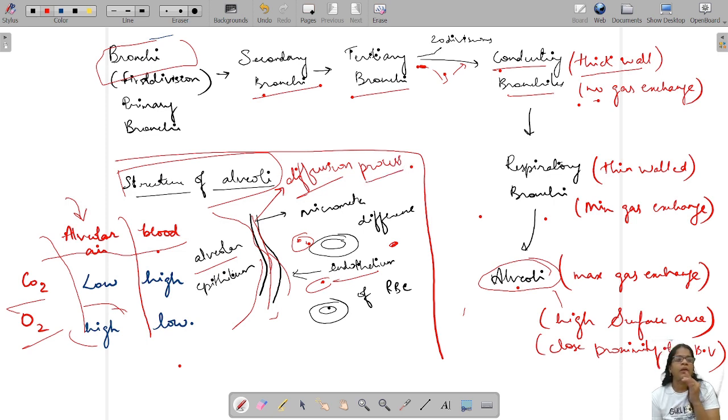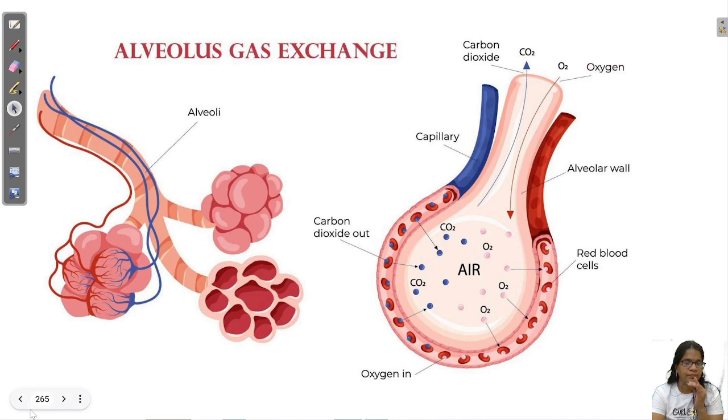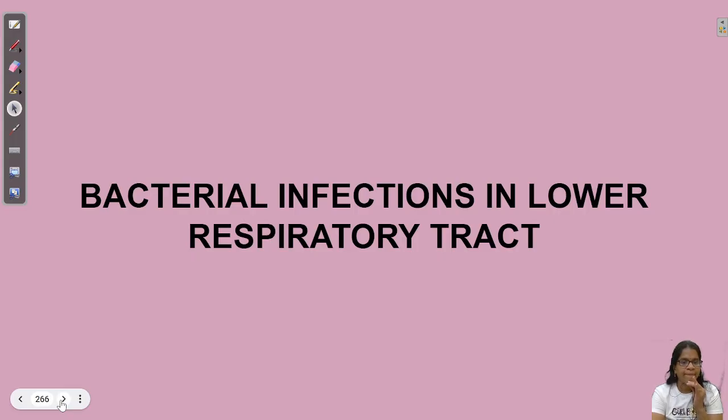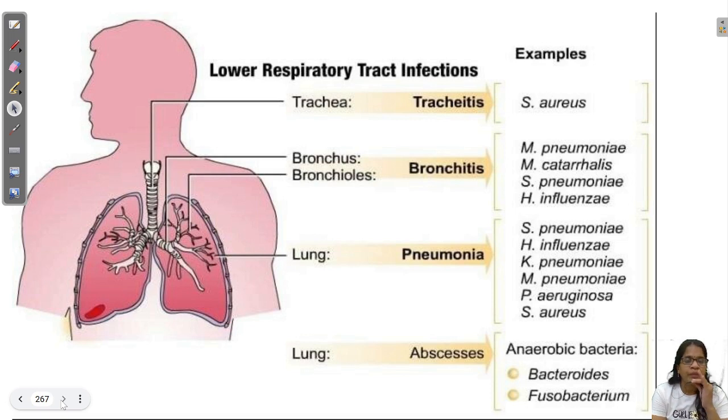Okay. Now, in the last class, we covered the types of bacteria and viruses which mainly attack the upper respiratory tract. Now let us enter into the bacteria that affect the lower respiratory tract. Bacterial infections in the lower respiratory tract: I told you trachea, bronchi, bronchioles, lung.